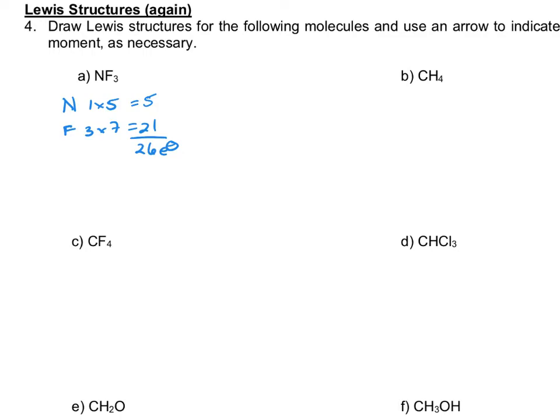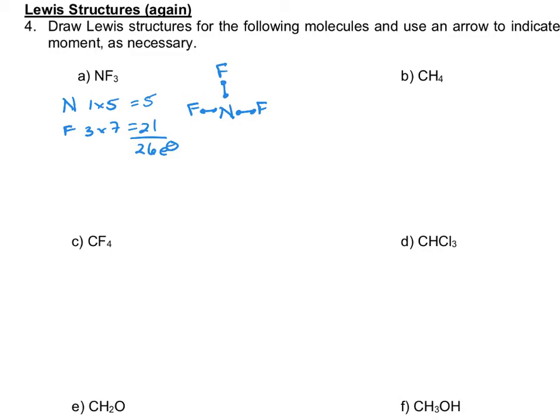So our least electronegative element is going at the center. That's our nitrogen. We'll attach our 3 fluorines on the periphery. Put in our dots on the lines so we can see that right now we've got a total of 2, 4, 6 electrons, so we've got to put in 20 more.